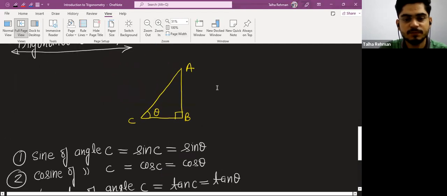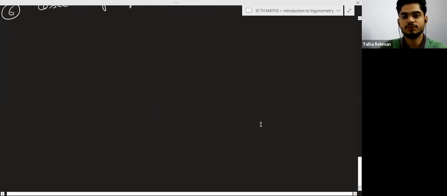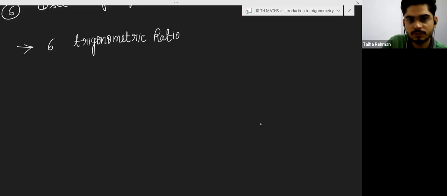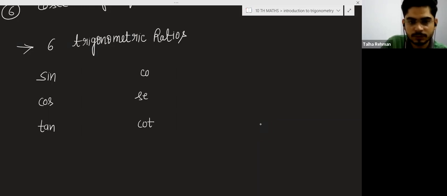So we have 6 trigonometric ratios: sine, cos, tan, cot, sec, cosec.